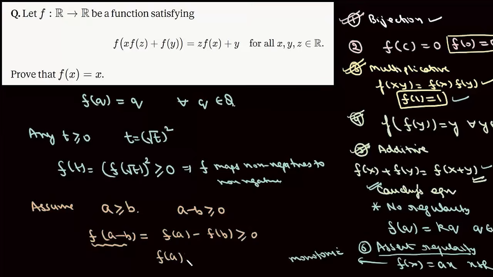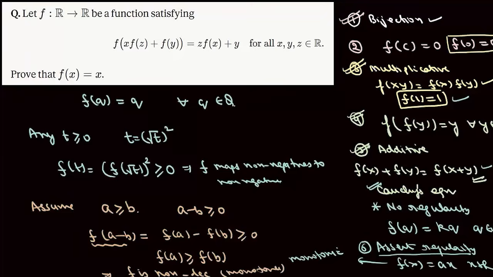That means f(a) is greater than or equal to f(b). So if a is greater than or equal to b, then f(a) is greater than or equal to f(b). That means this function is non-decreasing, or it is a monotone.